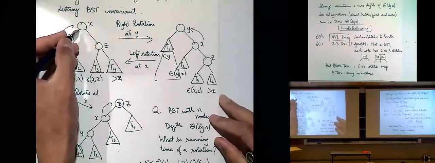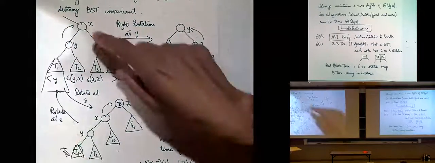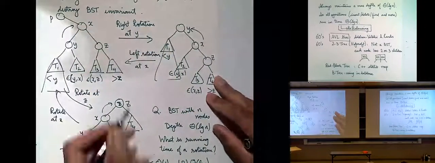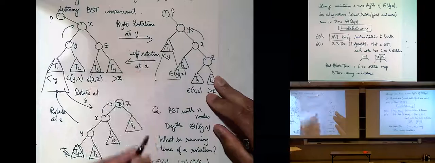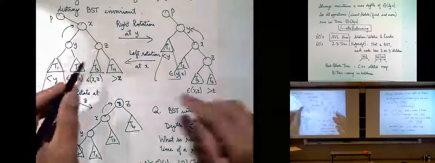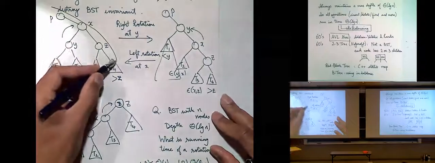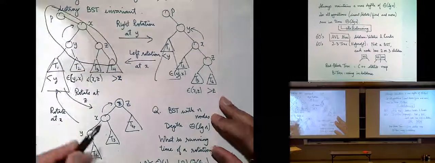And if you see, this has some parent pointer, so there's some parent that I'll refer to as p. The only pointers that change on this rotation are all involved here.